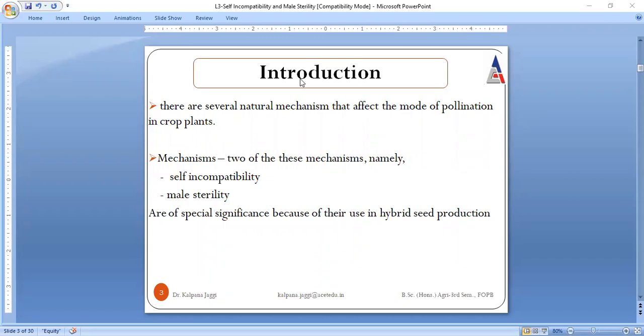Before I discuss what is meant by self-incompatibility, I would like to introduce you to certain natural mechanisms that affect the mode of pollination.